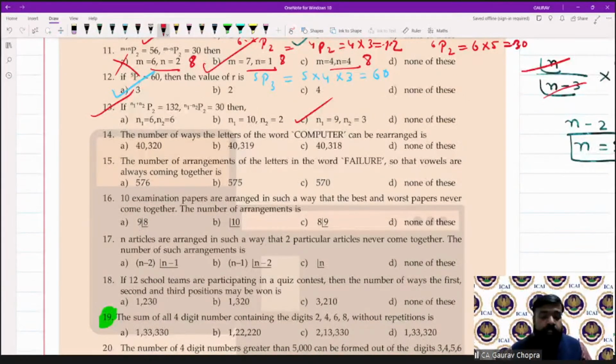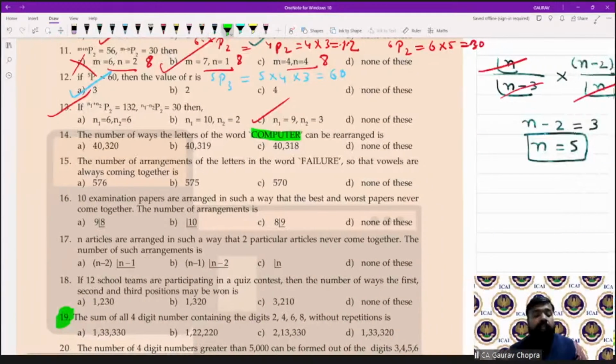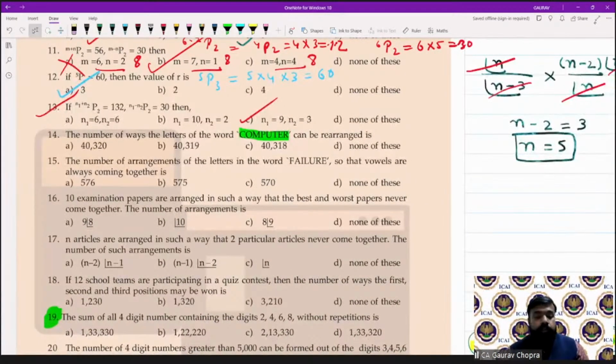If we count, there are in total 8 alphabets. So in total, how many ways can we arrange them? Out of 8 we have to take all 8, 8p8, it becomes factorial 8, or we can say 40,320.